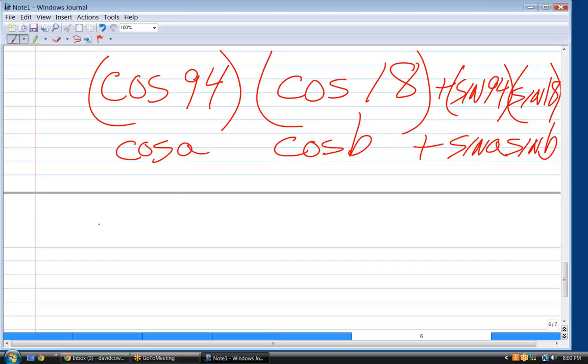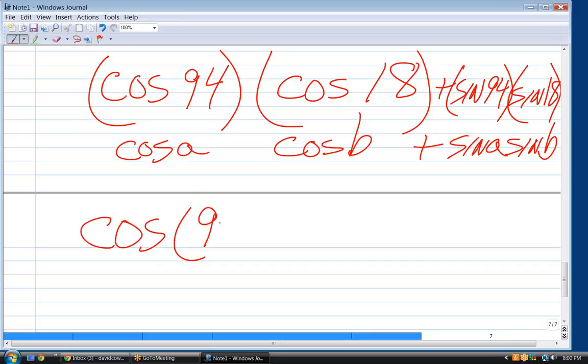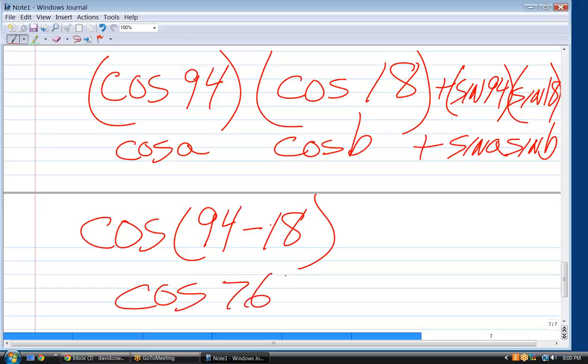So that should be the same as the cosine of 94 minus 18, or the cosine of, what is that, 76? There's your answer.